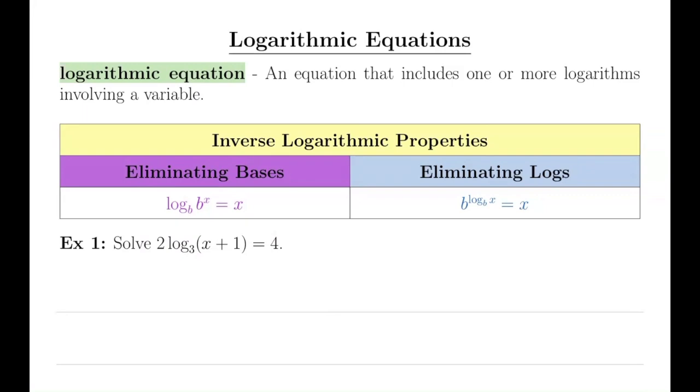Before we start solving logarithmic equations, let's review some inverse properties of logarithms. One important thing to note is that logarithmic functions are the inverses of exponential functions. In other words, exponential functions and logarithmic functions undo each other.